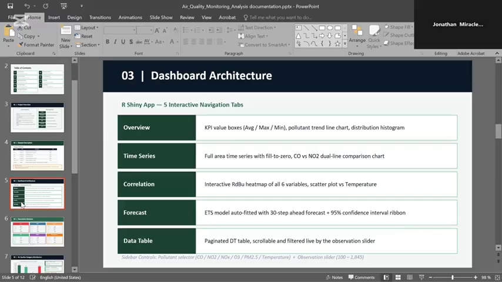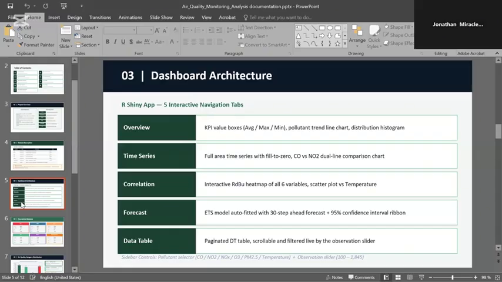The Correlation tab features an interactive RdBu heat map across all 6 variables and a scatter plot against temperature. The Forecast tab runs an auto-fitted ETS model with a 30-step ahead forecast and a 95% confidence ribbon. And the Data Table tab is a paginated scrollable table.